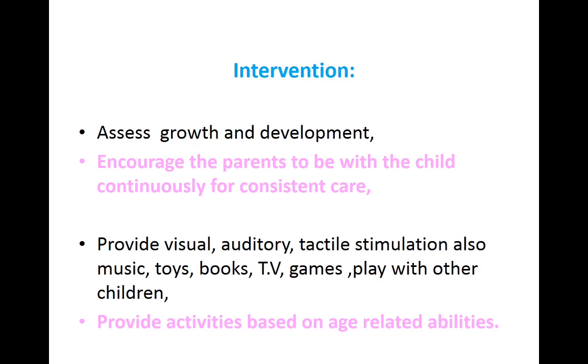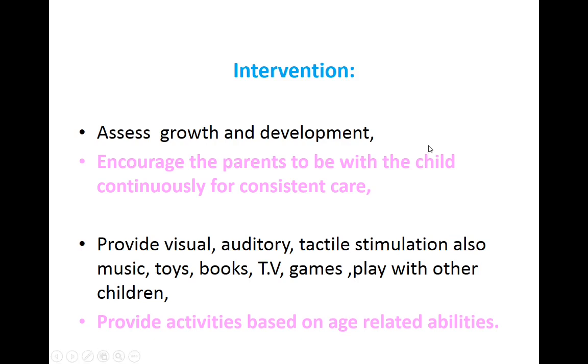What you will do as an intervention: you will do assessment of growth and development, and encourage the parents to be with the child continuously for consistent care. The word consistent care, what do you mean by this? See what happens in hospital: if there is a chronic illness, the child is hospitalized frequently, and mother is not able to be with the child, maybe she has to attend to one young child at home, or some other reason.